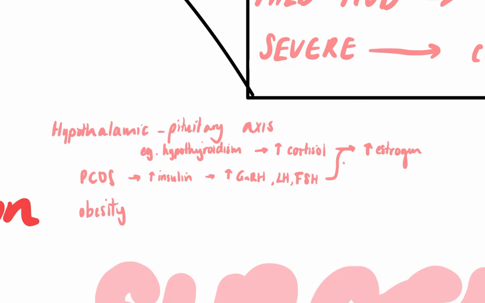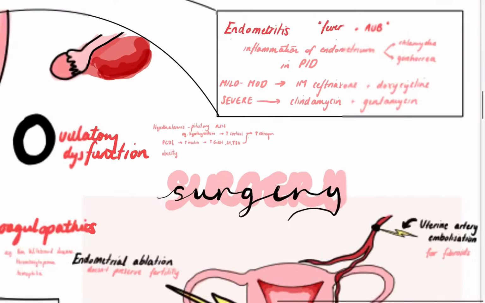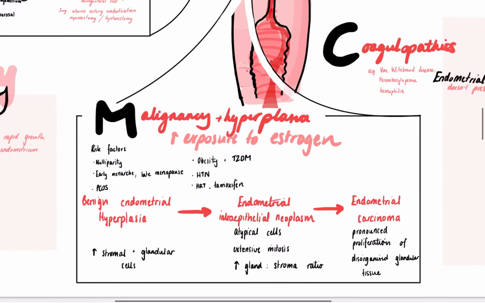We can also have polycystic ovarian syndrome, where hyperinsulinemia leads to increased gonadotropin releasing hormone, leading in turn to increased luteinizing and follicle stimulating hormone, and this leads to an increase in estrogen as well. And as we went through earlier, this leads to hyperplasia and therefore can lead to abnormal uterine bleeding.